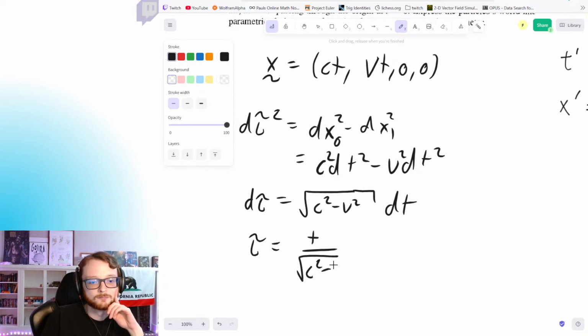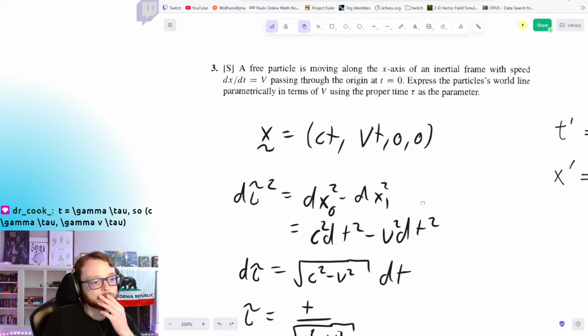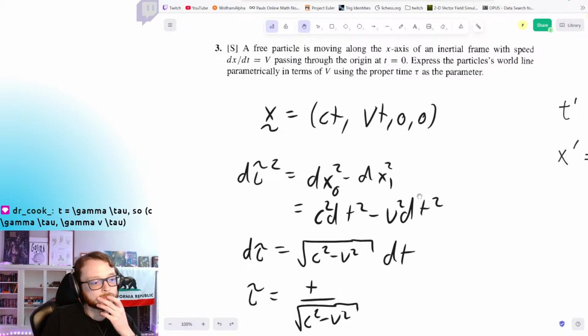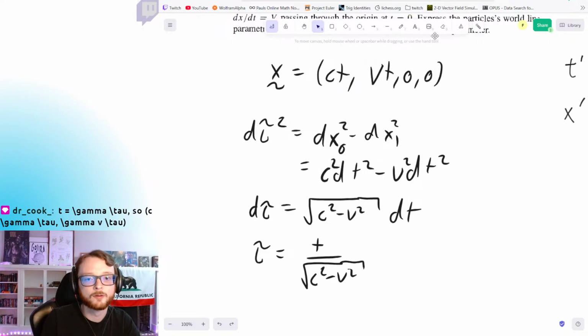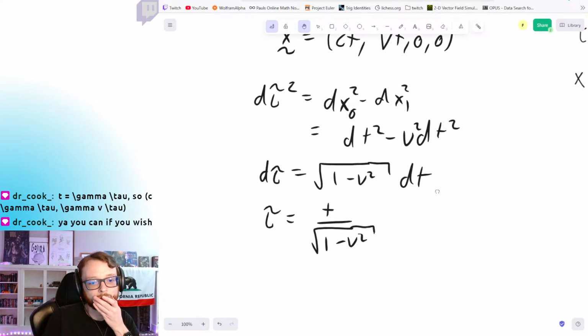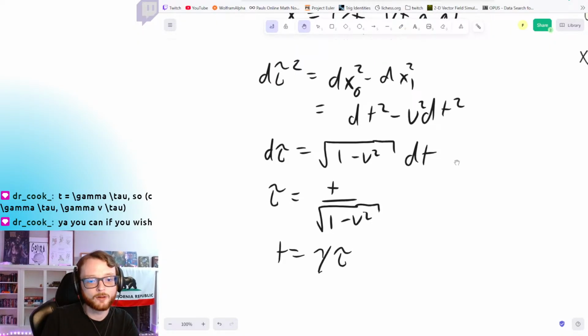So the particle's world line is plus some constant c, but that's equal to this 0. But this just ends up being gamma times tau. Okay, so that feels good.